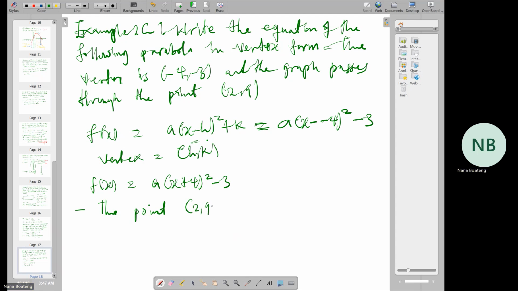The point 2, 9 is above the vertex. Let me write it down. Which implies f of x opens upward.